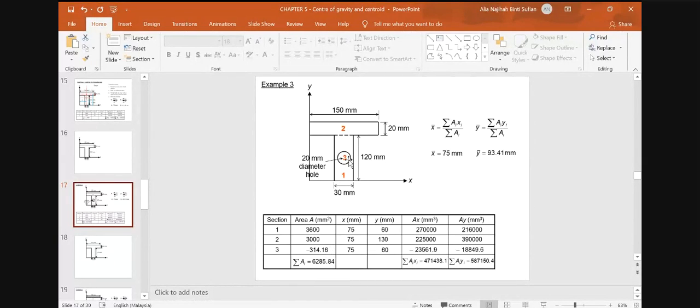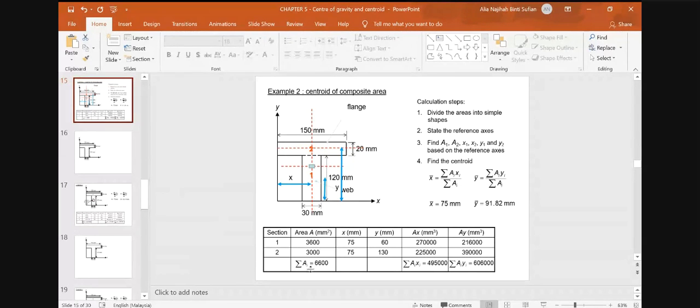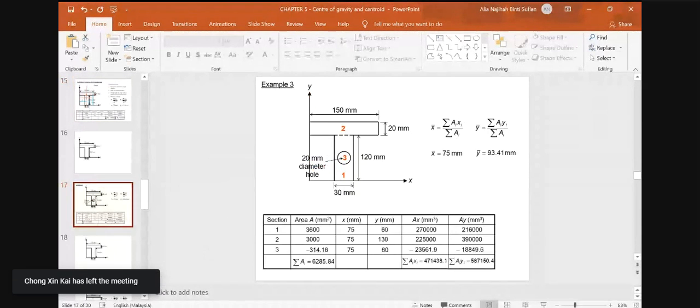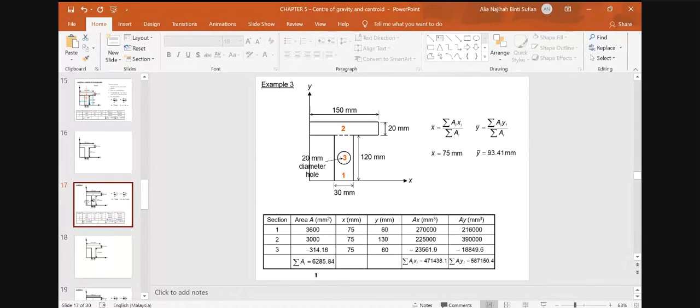But since it is hollow, we have to add the negative sign, so that the total area now will be less than what we have from the previous example. From the previous example, we have total area of 6600. Now with the hollow inside, we have less area, which is 6285.84.